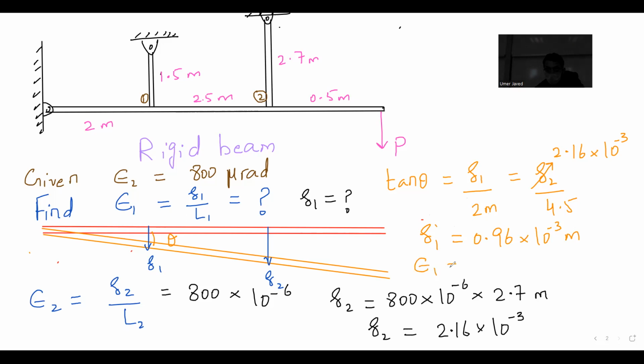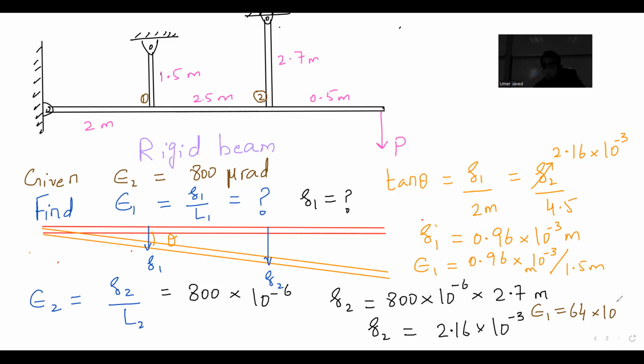And epsilon 1 is change in length by original length, which is 0.96 into 10 power minus 3 divided by the original length of the rod 1, that is 1.5 meter. Be careful, you have to use the units, and epsilon 1 comes out to be, I suppose, 0.96 over 1.5. I think 10 power minus 3 something.